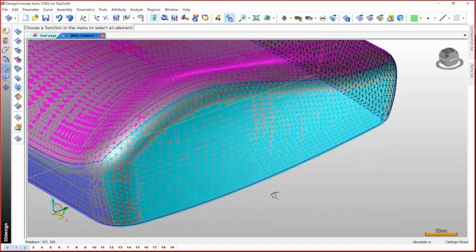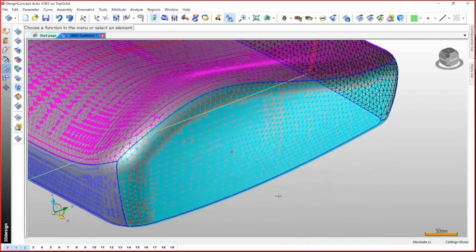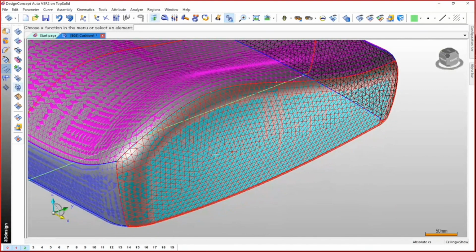To identify each part, design concept is using the triangle mesh.